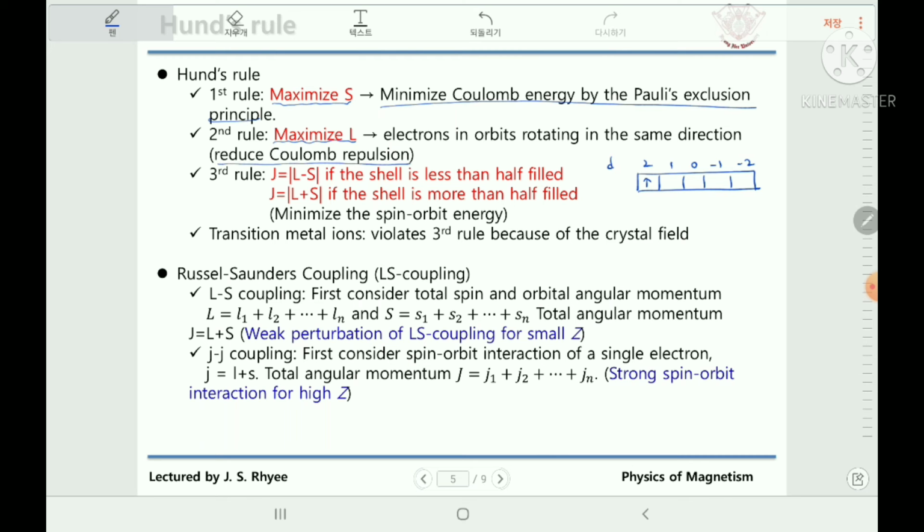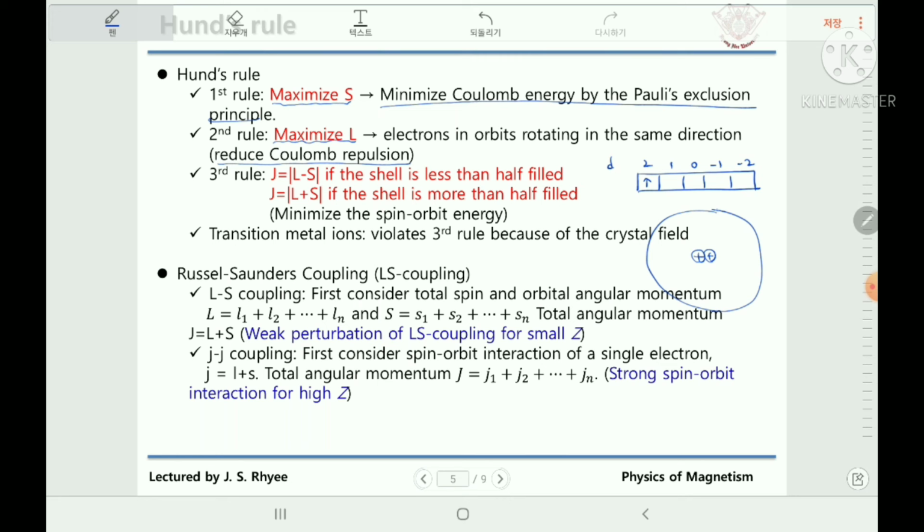Therefore, for electrons in orbits rotating in the same direction, the Coulomb repulsion is reduced. How do we understand this? From the electron's point of view, the electron is in the center of the atom and the nucleus revolves around it.